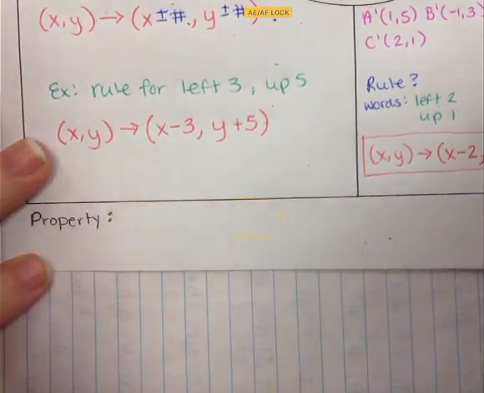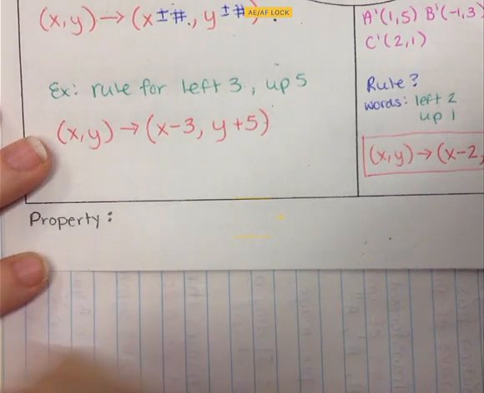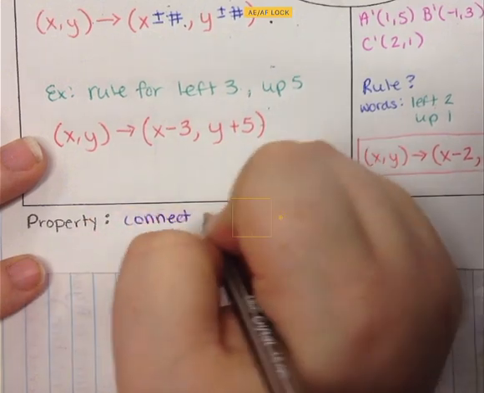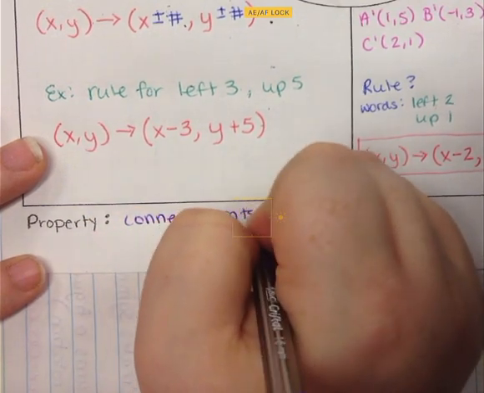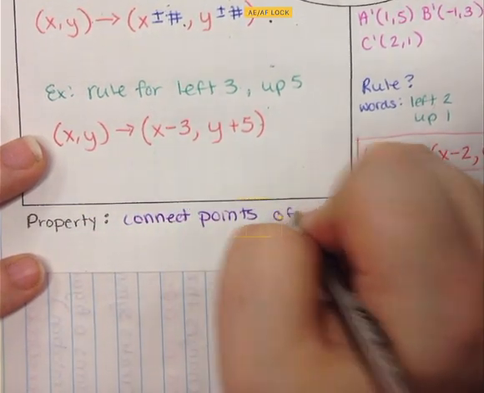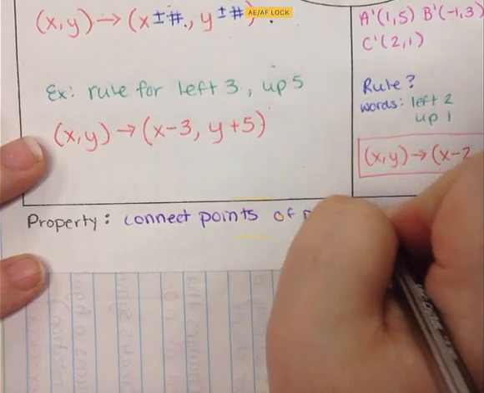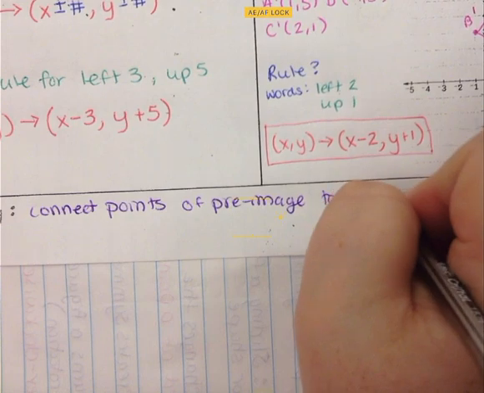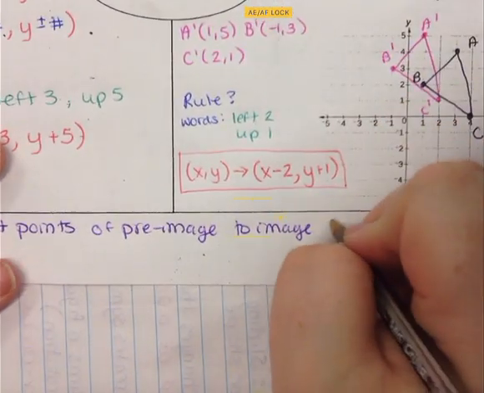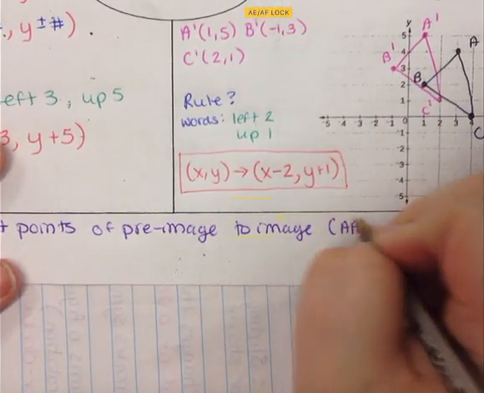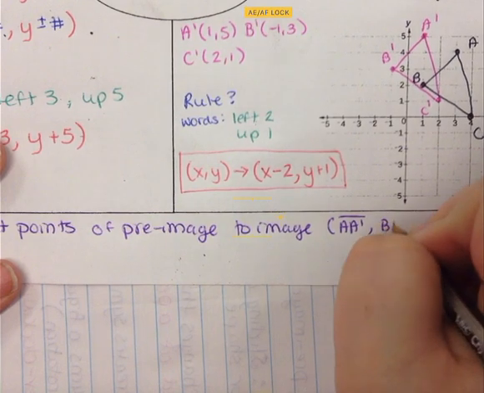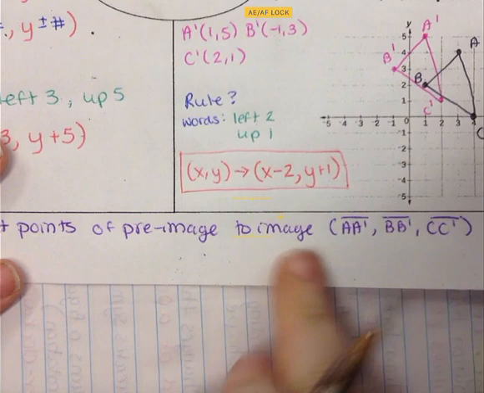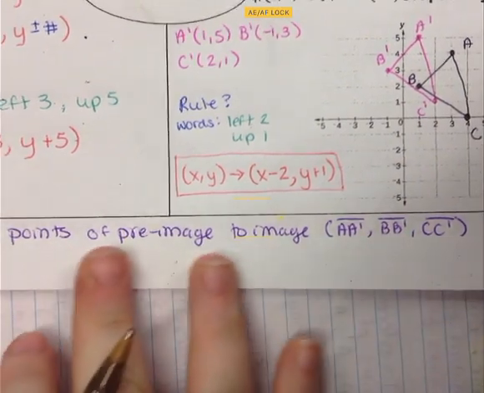So the property for translations is that if you connect the points of the pre-image to the image, which means that you'll have segment A to A prime, segment B to B prime, and segment C to C prime. That's what that means by connecting the points.